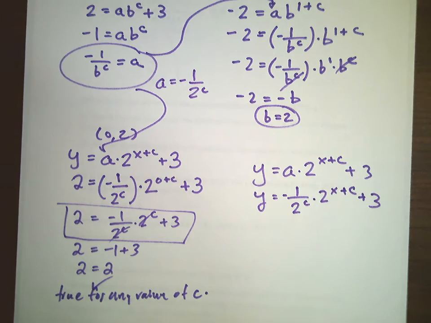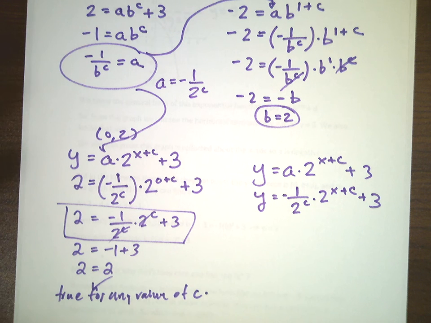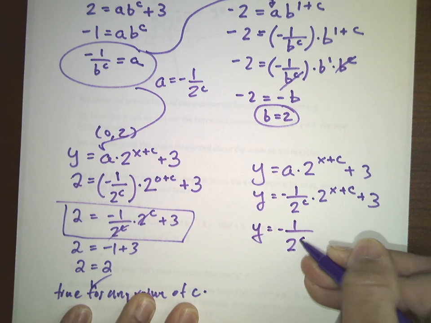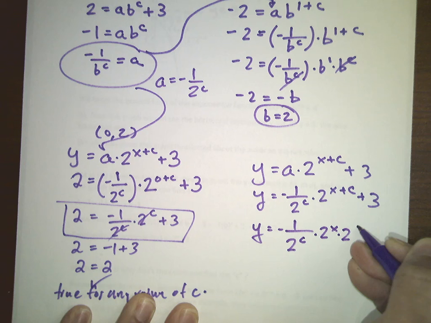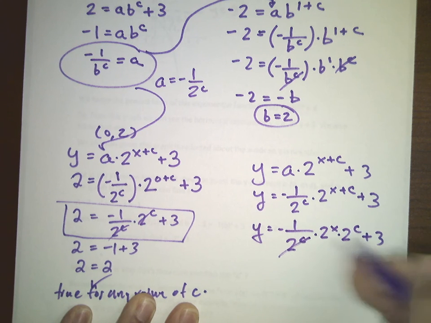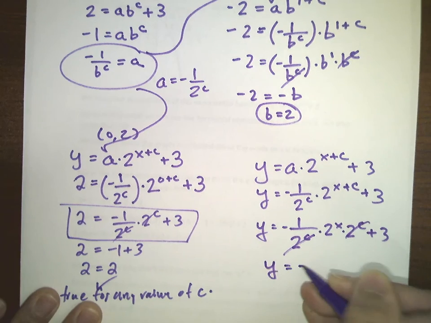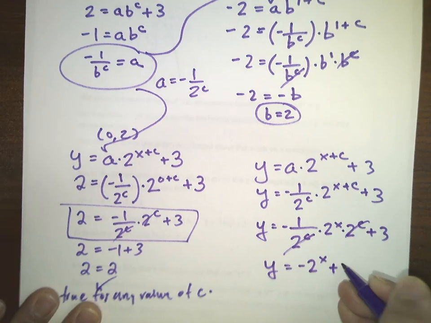So all I really need to do then is just let c be any value that I want, since it's true for any value of c. But in other words, if you look at what is going on, I actually have negative 1 over 2 to the c times 2 to the x times 2 to the c plus 3. Then the 2 to the c's divide out, right? And I have y is negative 2 to the x plus 3.